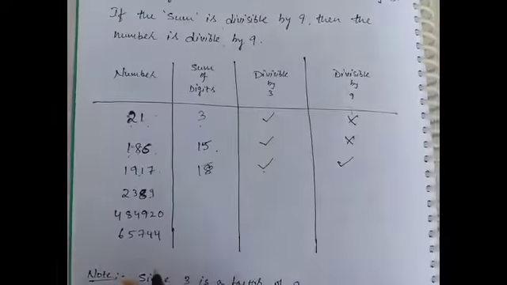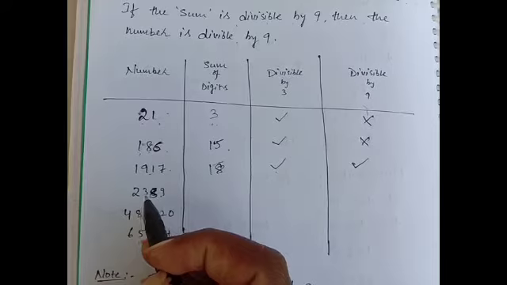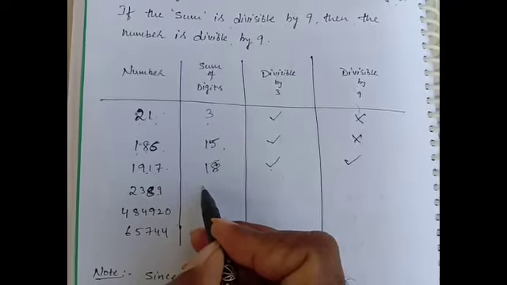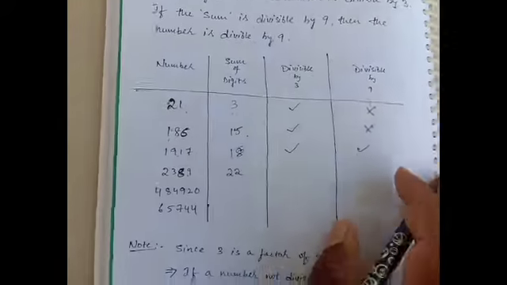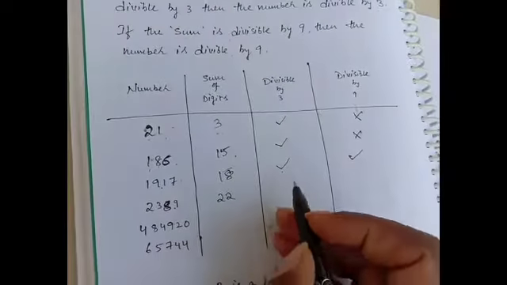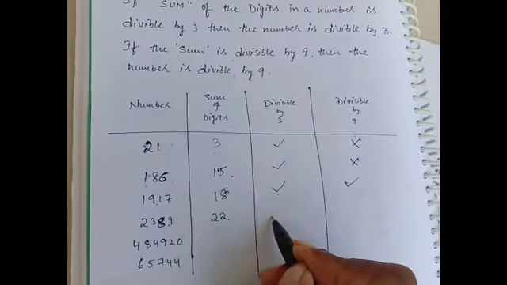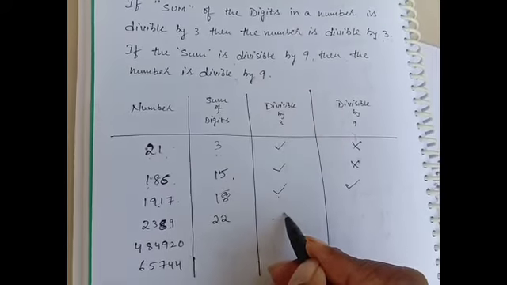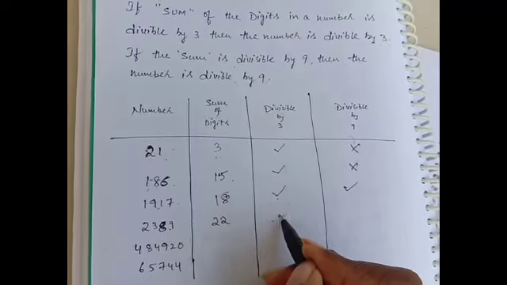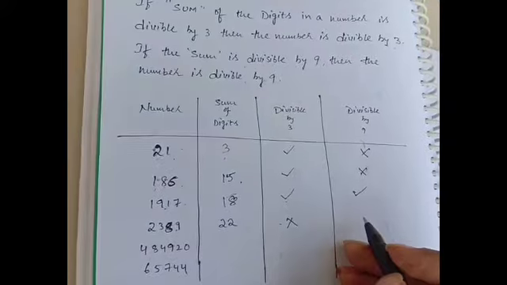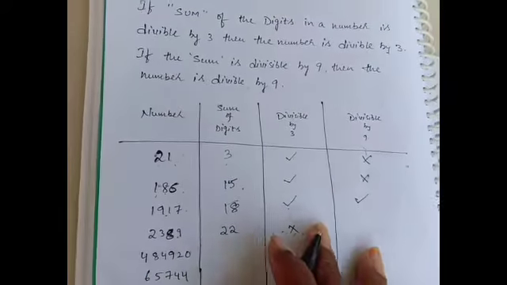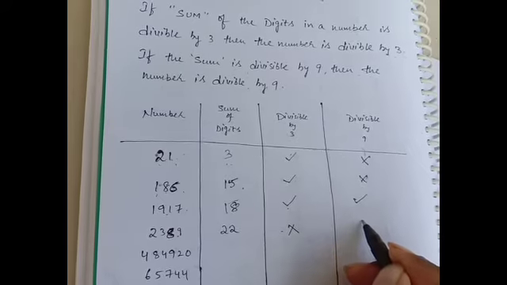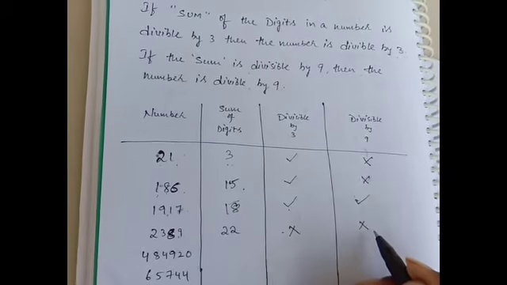Next let's take the number 2389. The sum of these digits is 22, and 22 is not divisible by 3, hence the number 2389 is not divisible by 3. Same way 22 is not divisible by 9, hence the number 2389 is also not divisible by 9.